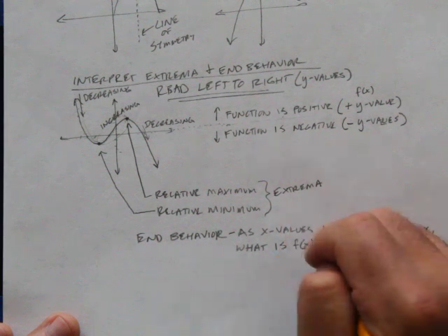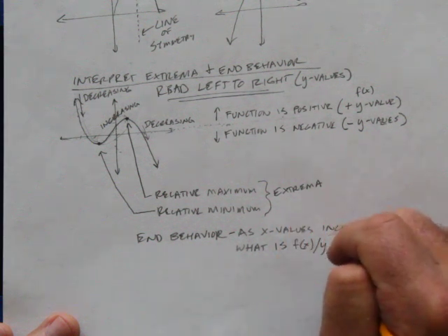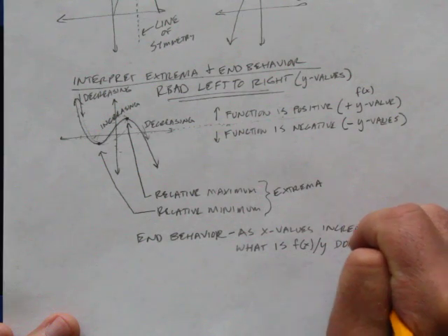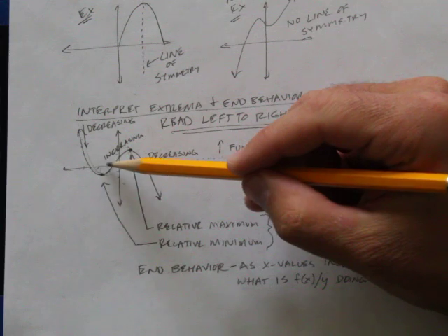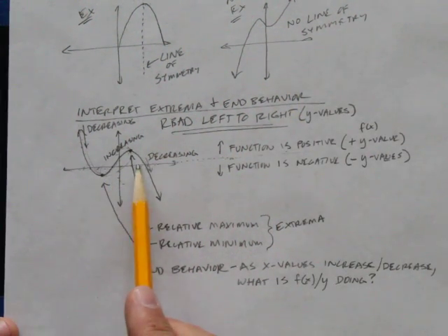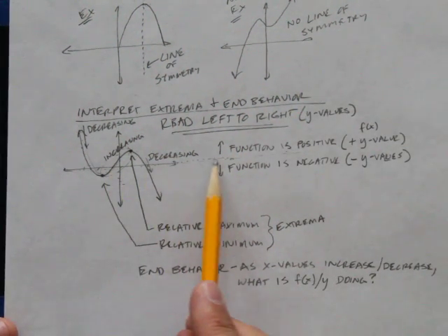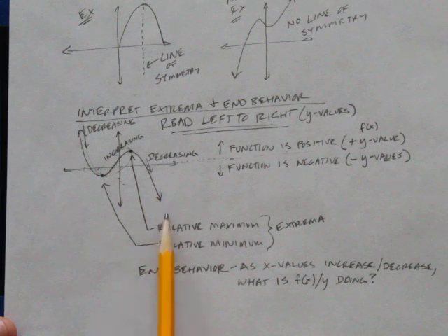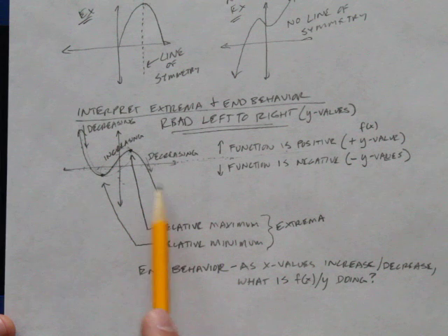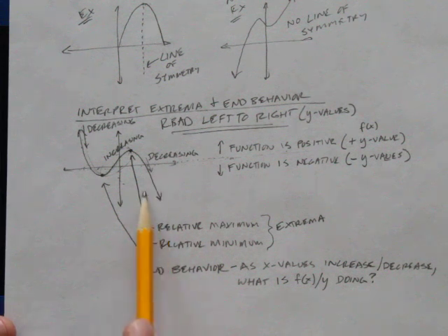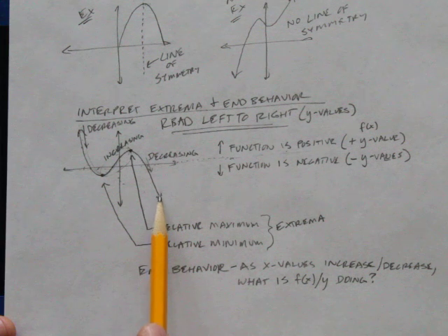Or y doing? So for this example here, as x gets greater, as we're going left to right, then my y values are decreasing. So my end behavior for this graph on the right, as x increases, y decreases.